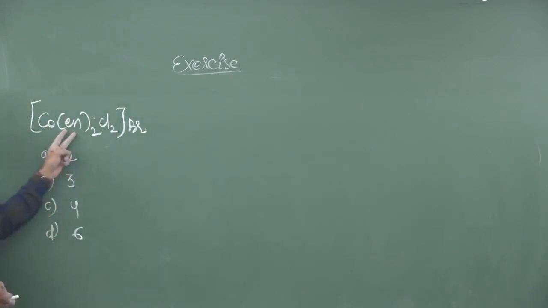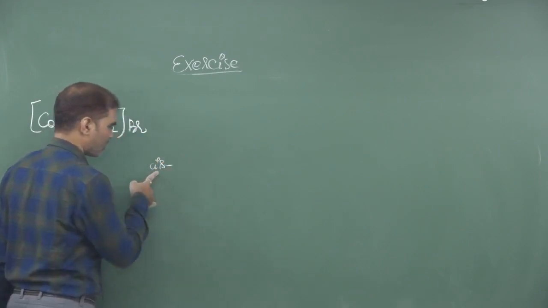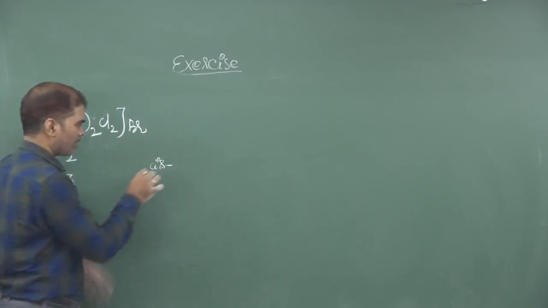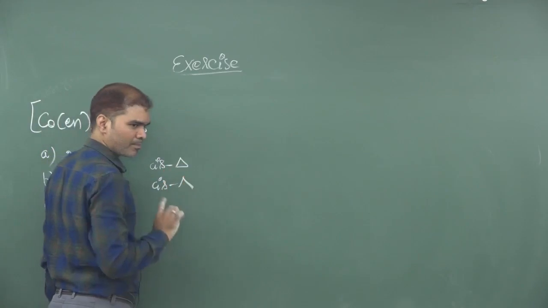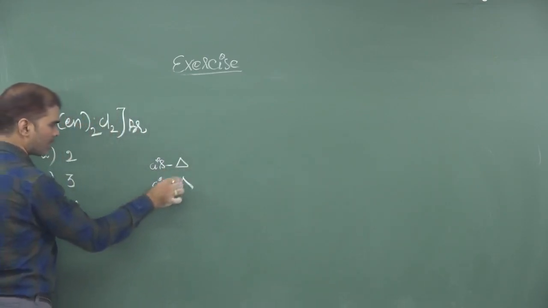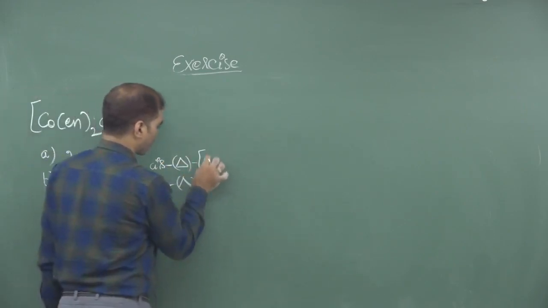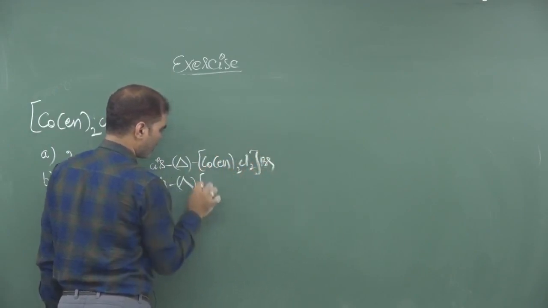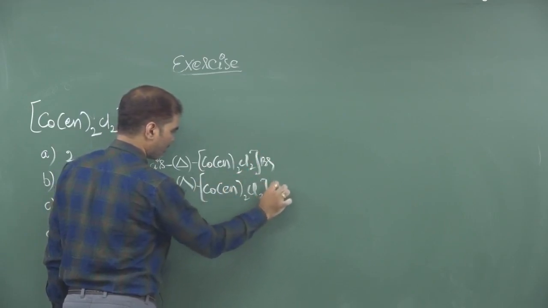Right, there are two ethylene diamines. So what I will do is, I am taking cis, but whenever I am taking cis, there are two ethylene diamine rings, two chelating rings. So one of the chelating rings, if it is delta, the other chelating ring will be lambda. Okay, I need not draw the structures every time. So one is cis delta, one is cis lambda. What is this cis delta or lambda? Co(en)2Cl2 Br.